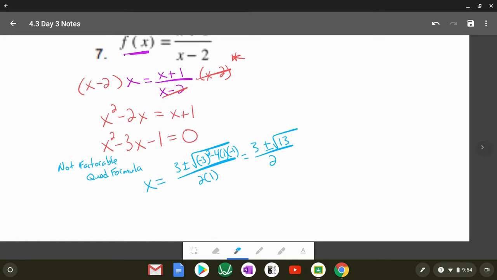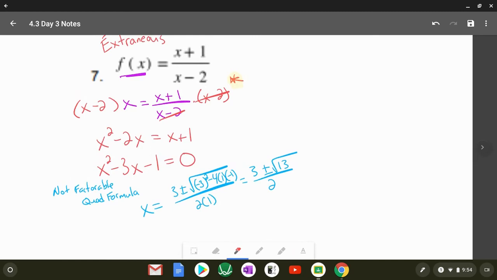When you go ahead and do this, remember at the very, very end, we already said it, because we multiplied by a variable, I would highly recommend that you just type it into the original in your calculator. So we're going to check it in your calculator.